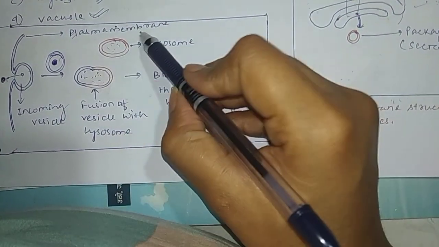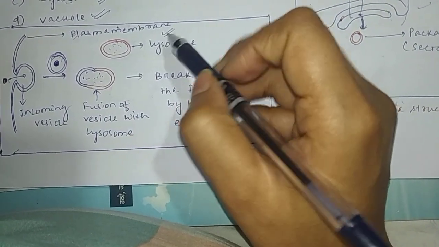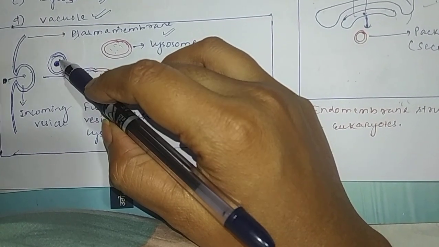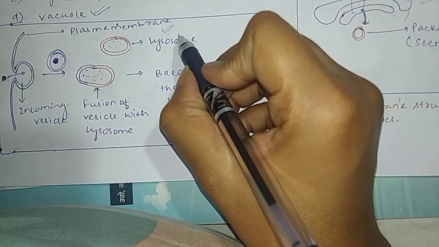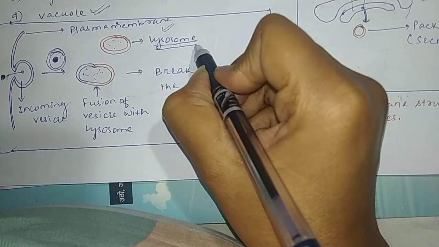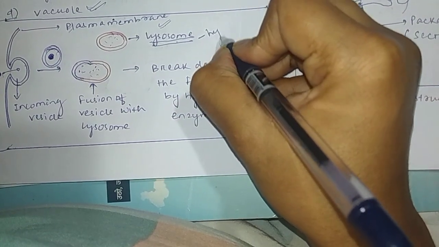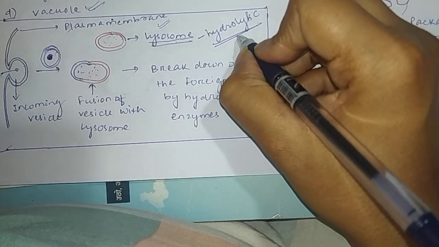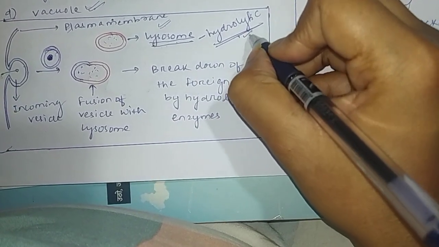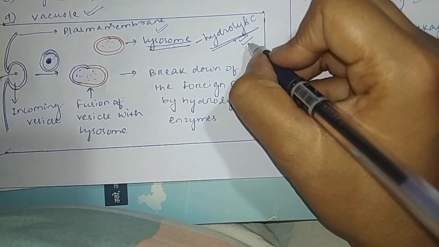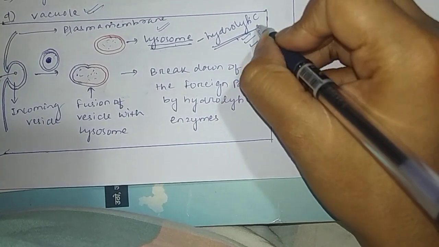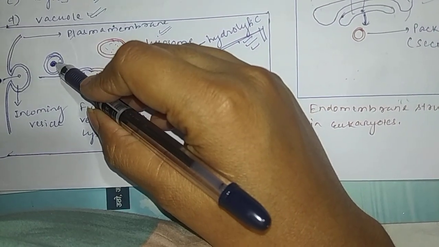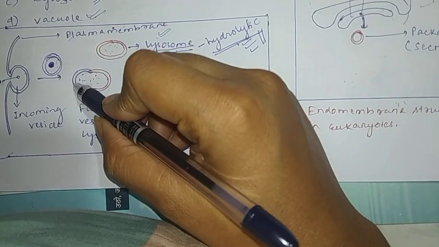Here this is the lysosome, and the lysosome will come and fuse with this particular endocytic vesicle. You must have known the lysosome contains all the hydrolytic enzymes, right? Many hydrolytic enzymes, like the enzymes that break down proteins, the enzymes that break down lipids, the enzymes that break down certain carbohydrate molecules, all that. So this lysosome now fuses with this particular endocytic vesicle, and this will form a common structure.